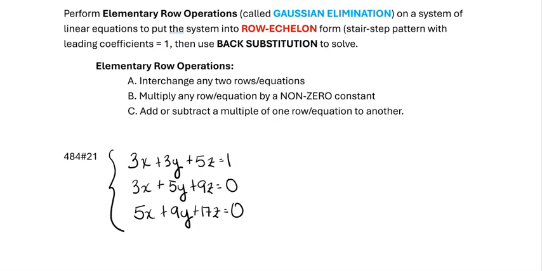In class, we learned how to perform elementary row operations on a system of linear equations to turn that system into what we call a row echelon form.